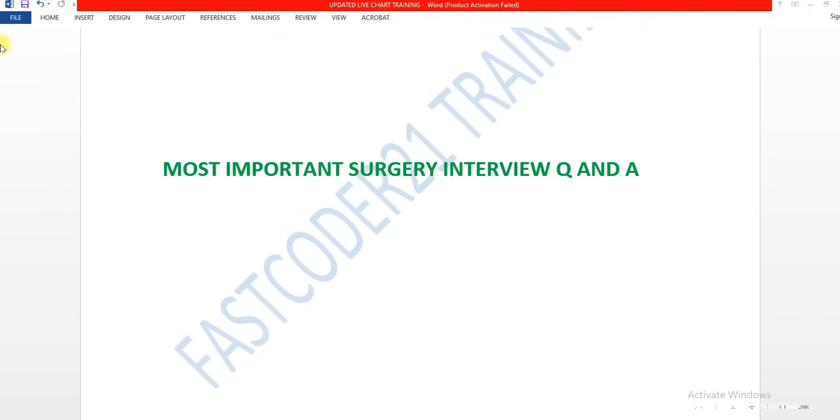Next, you need to remember the types of hysterectomy. What is the difference between colposcopy and colpotomy? Colpotomy is an incision on the vagina.